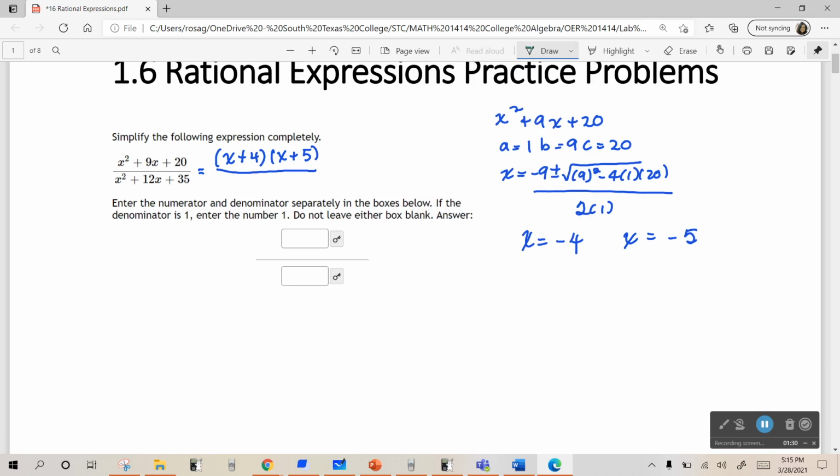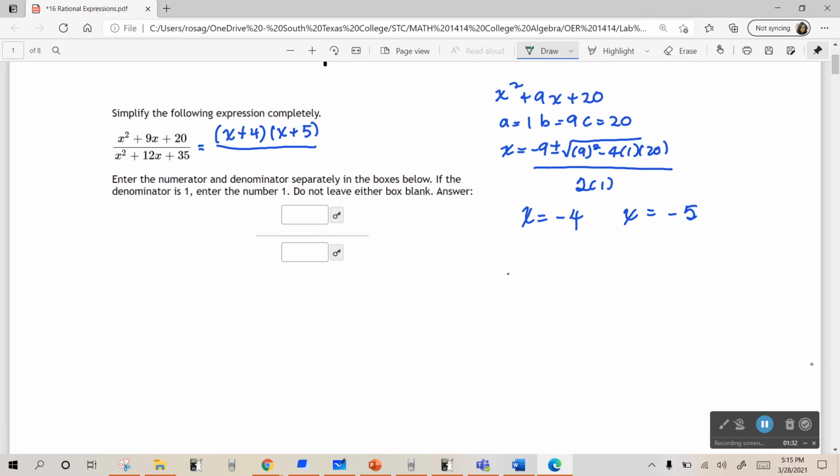And then the other one, x squared plus 12x plus 35, you do it the same way. You do the quadratic formula, and that will help you to solve them.